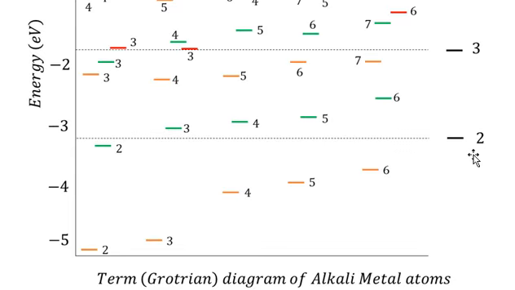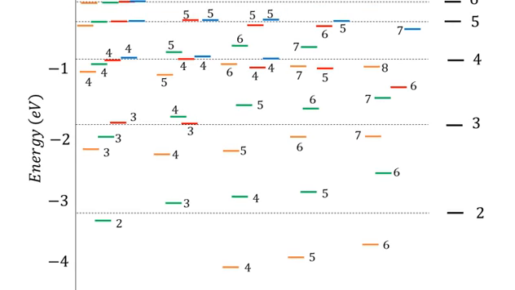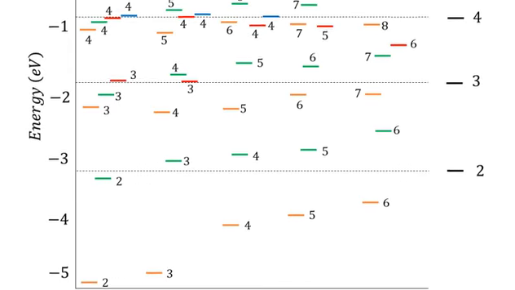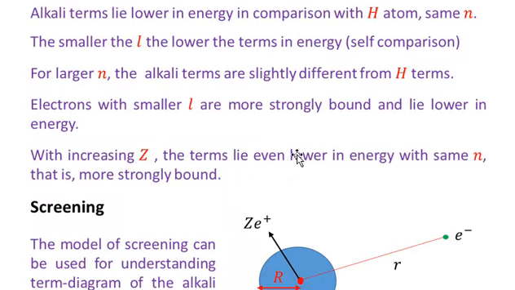And with a very large principal quantum number, you will notice that the states of the alkali metal atoms differ only slightly in energy from the corresponding hydrogen atom states. So this is what I have stated, that for large n, the alkali terms are slightly different from the hydrogen atom. That is, the difference becomes smaller.